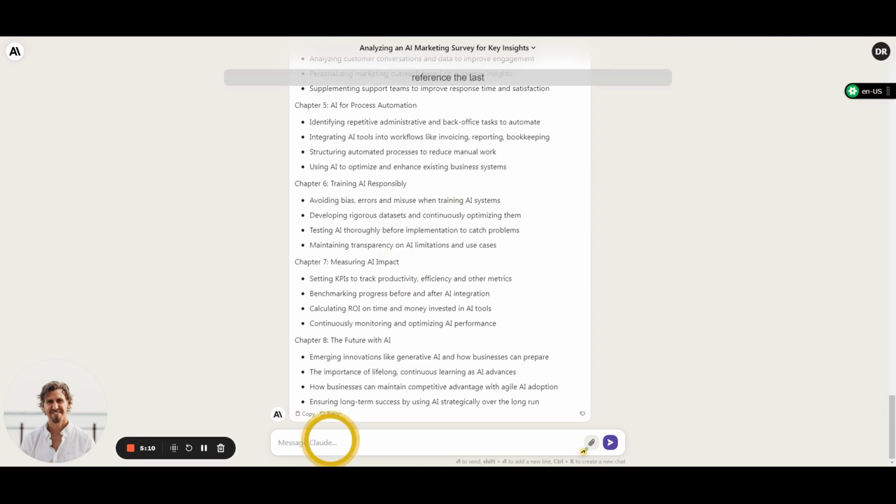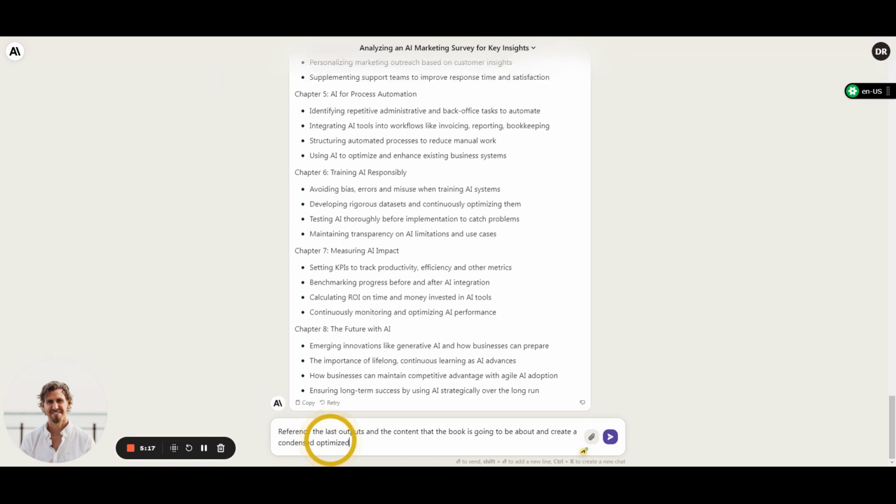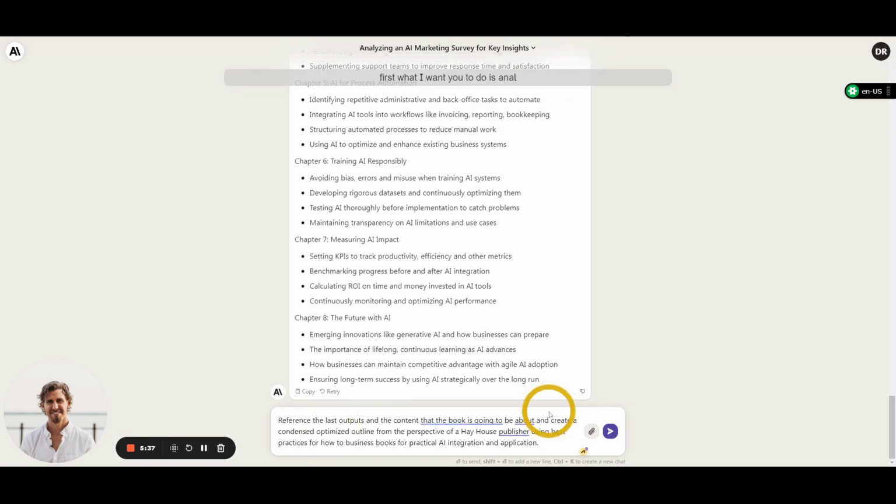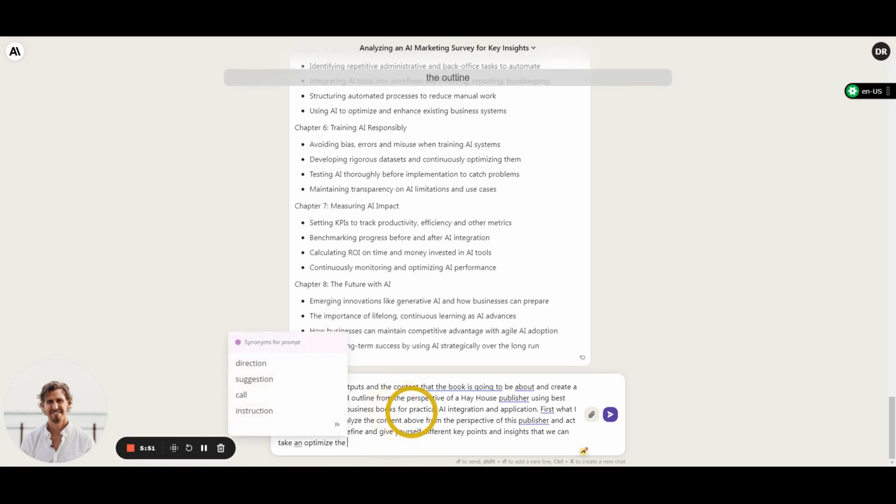Reference the last outputs and the content that the book is going to be about, and create a condensed, optimized outline from the perspective of a Hay House publisher, using best practices for how-to business books for practical AI integration and application. First, analyze the content above from the perspective of this publisher and act as an editor to help refine it and give yourself different key points and insights that we can take and optimize the outline based off of.